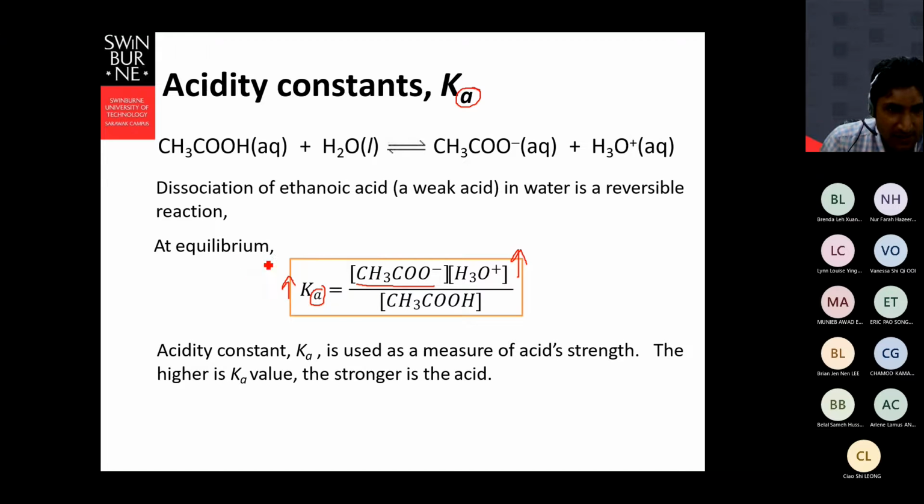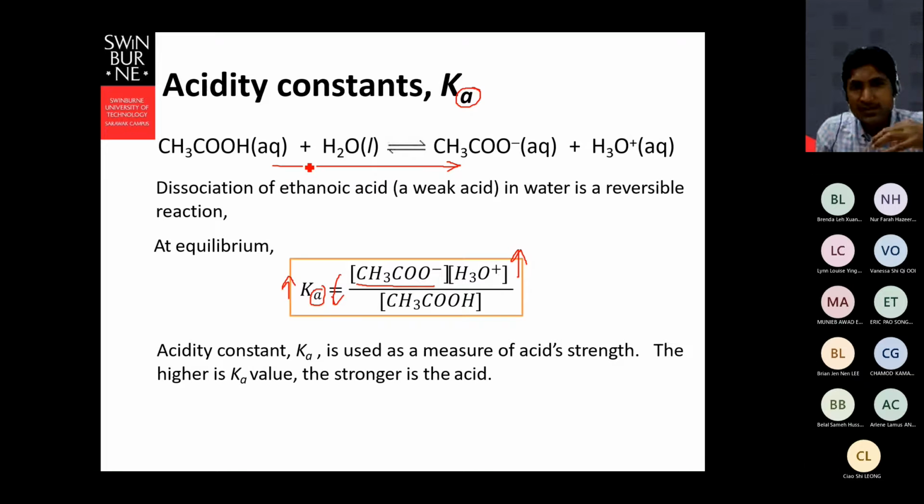If not, the Ka value goes down. And how do we get a big value for CH3COO- and H3O+? The more the acid dissociates, the higher the CH3COO- and H3O+ concentrations we will get.